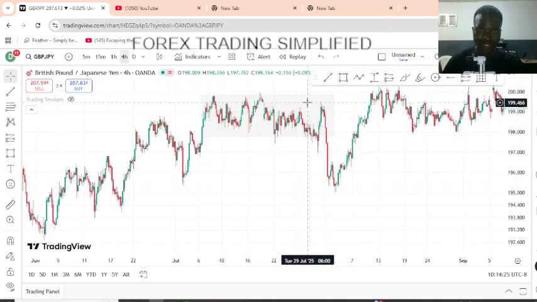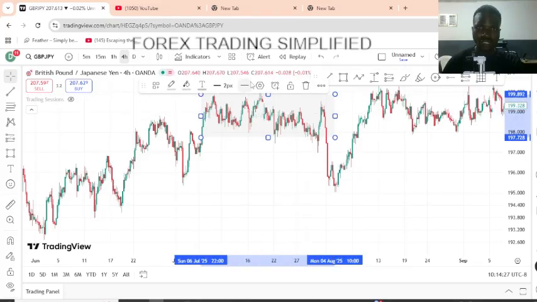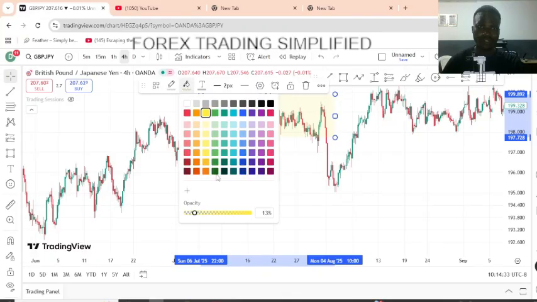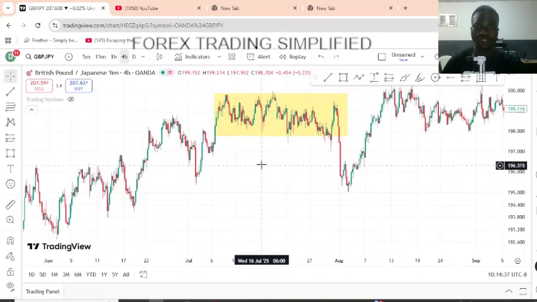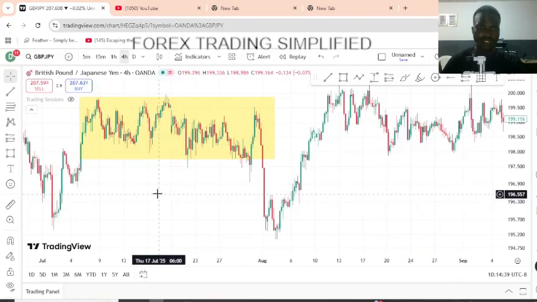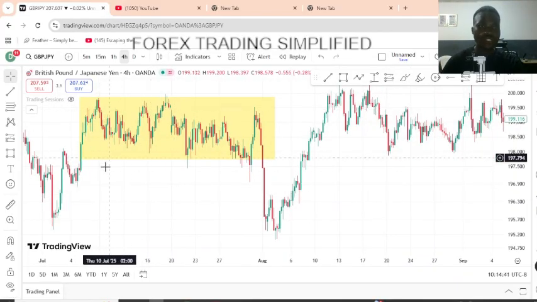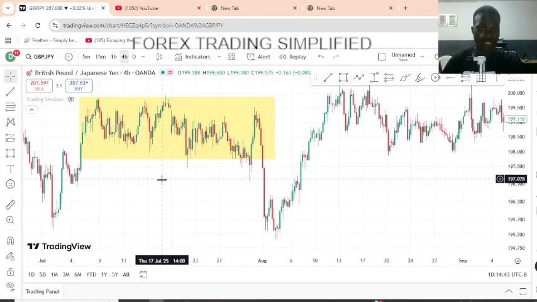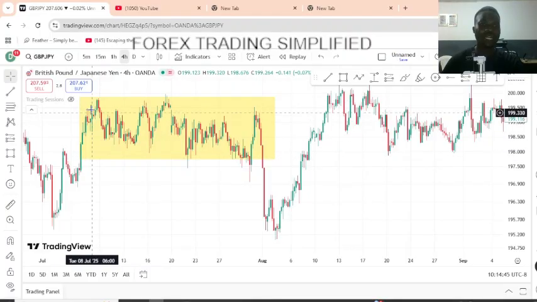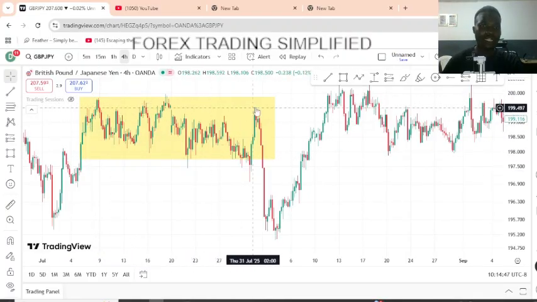Now can you see that during this range, the market refuses to go either up or down, but the market was actually ranging in a box.